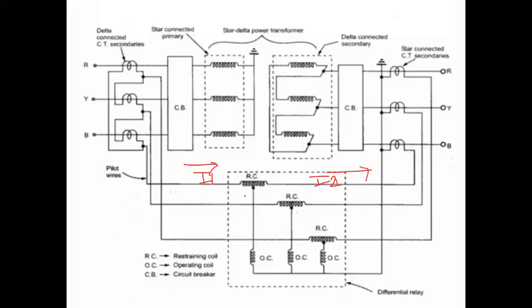If I1 is equal to I2, then what happens?